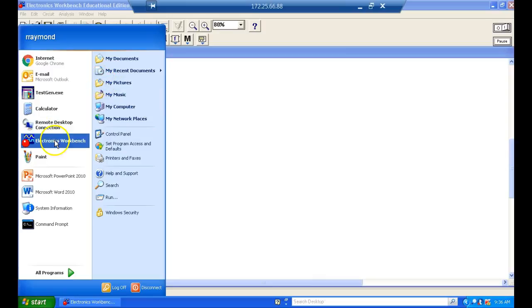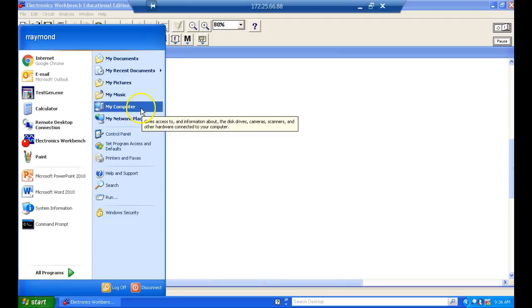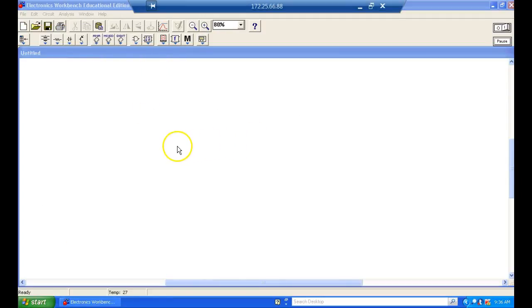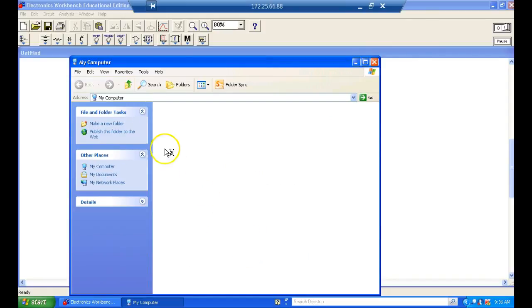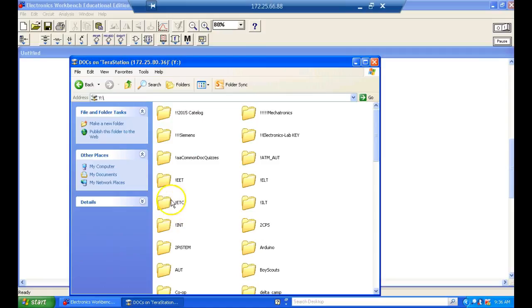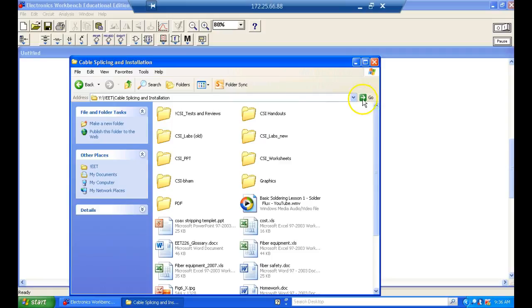But this is the one that I'm most familiar with. So let's see, docs, EET, cable spots and insulation. I don't see Electronic Workbench.